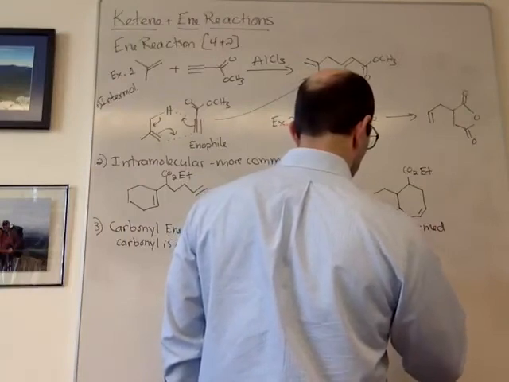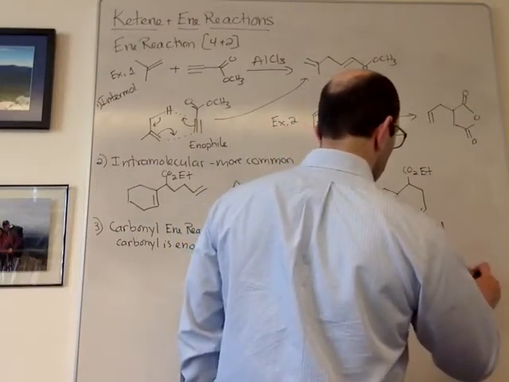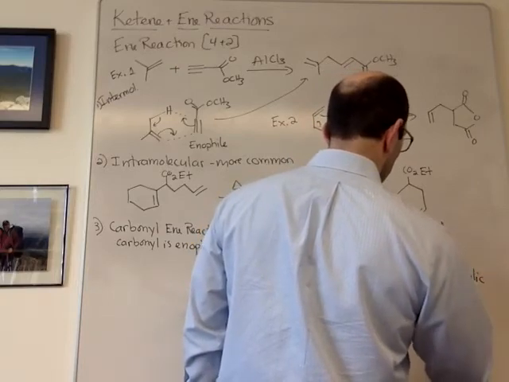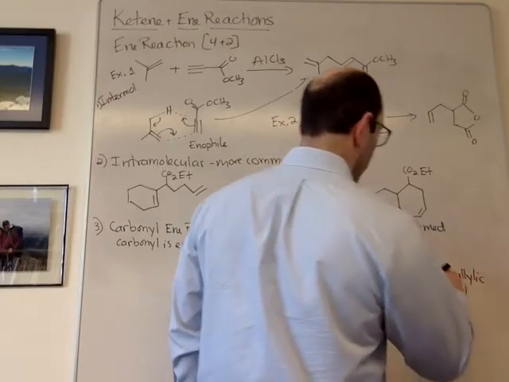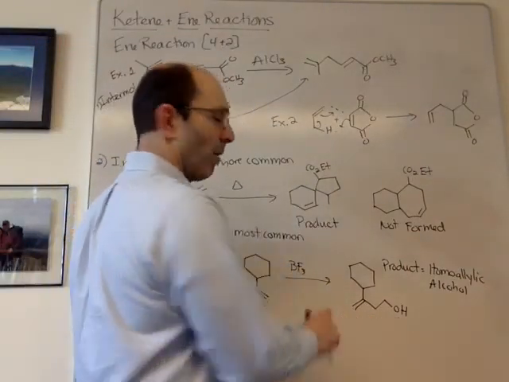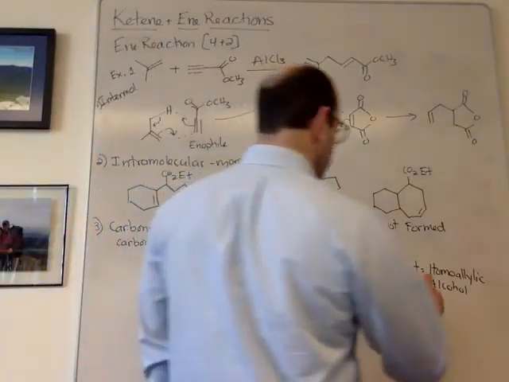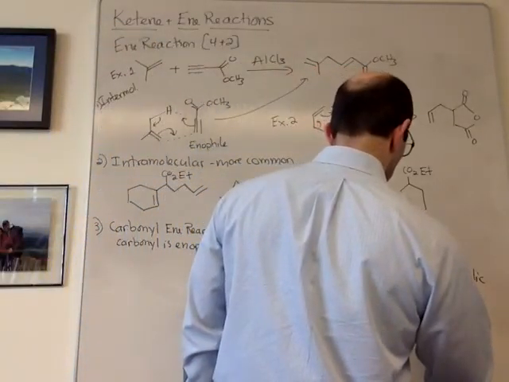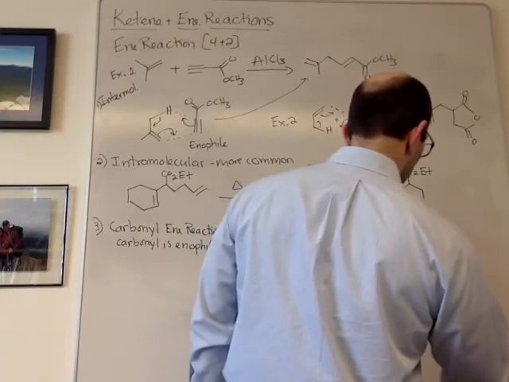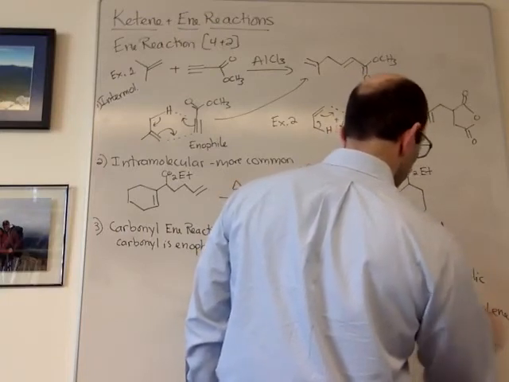Product equals homoallylic alcohol, right? And in this case, homo just means an extra carbon in between the alcohol and the alkene, right? So not an allylic alcohol, but a homoallylic alcohol. And this is the retron for the carbonyl ene. Right?